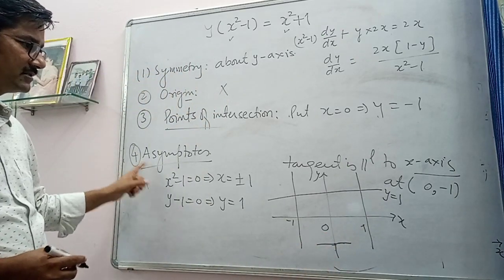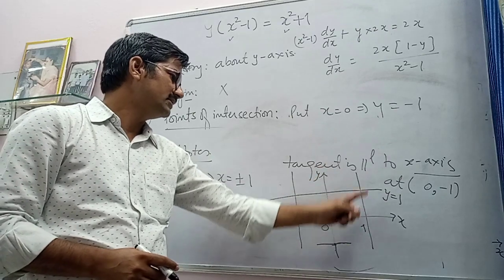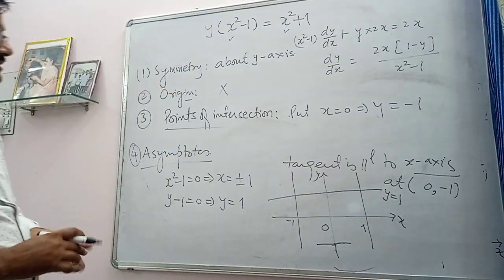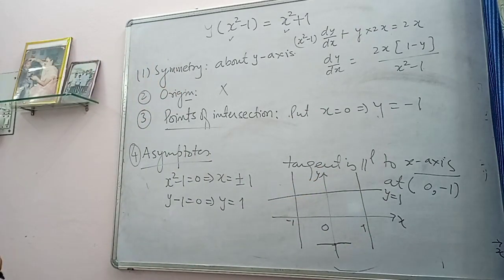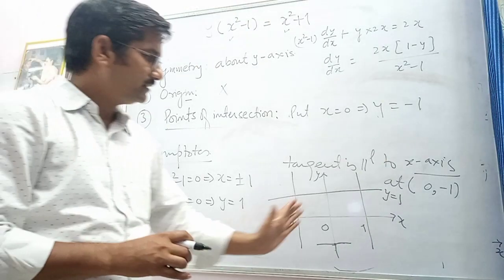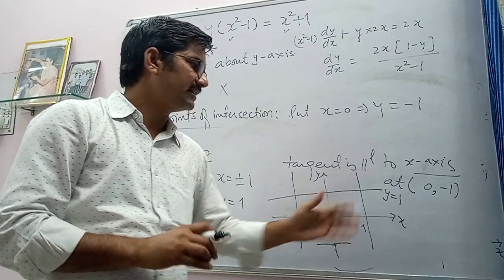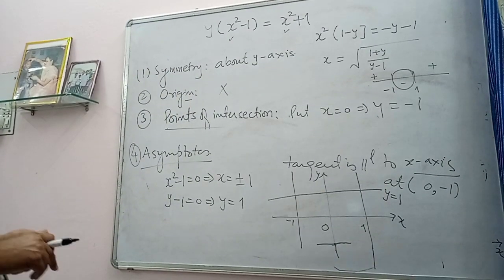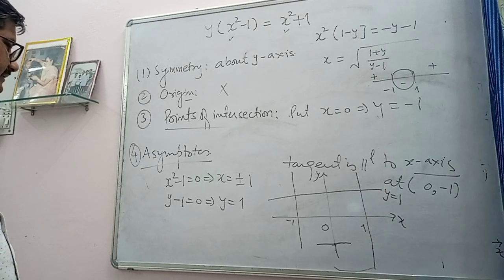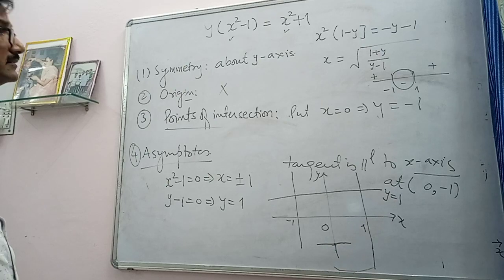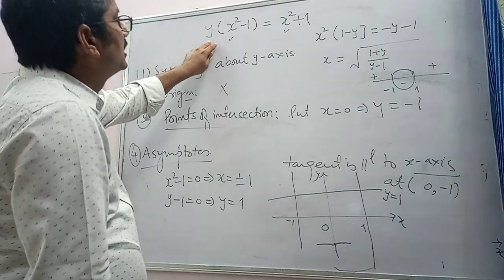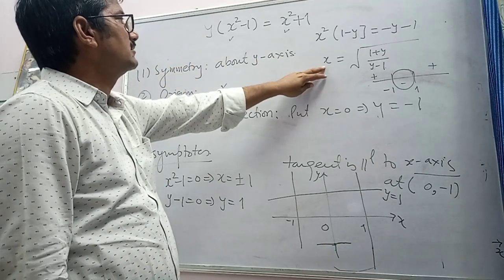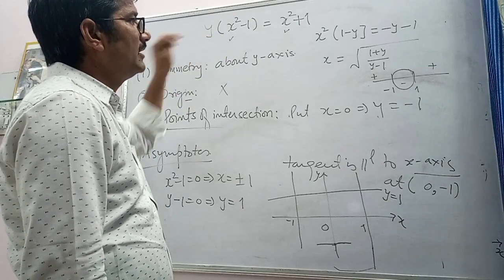And then asymptotes, we have discussed all these asymptotes. So next we have to decide how we will trace the curve in this side, means in right side of the y-axis. Now we have to decide in which portion the curve lies. So let us solve this curve for x rather than for y.